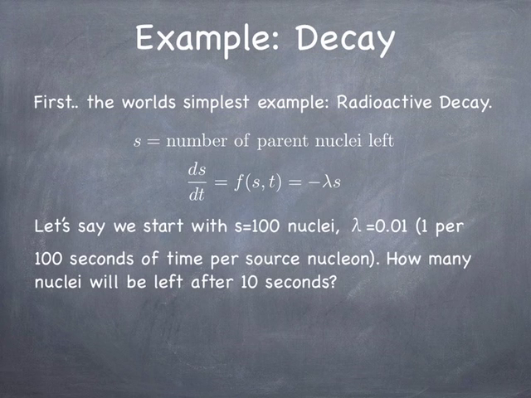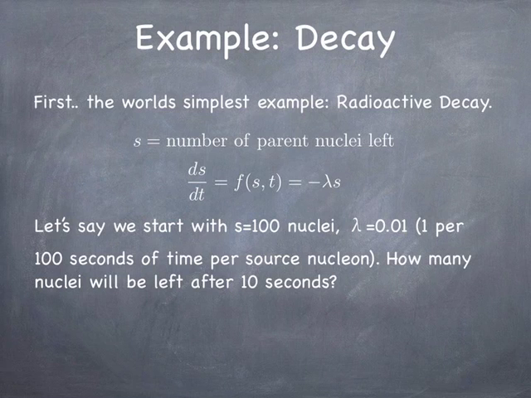So, for example, let's say that we have 100 radioactive nuclei at t equals 0, and we have a rate, lambda, that says 1 decay per second per 100 nuclei. In other words, 0.01 decays per second per nucleon, I guess is how you'd say it.